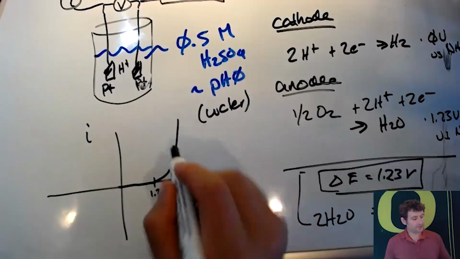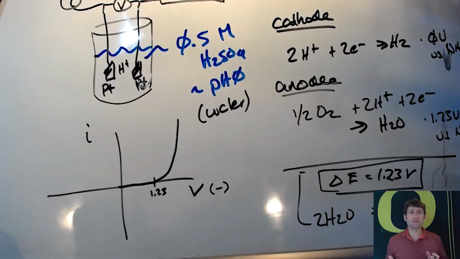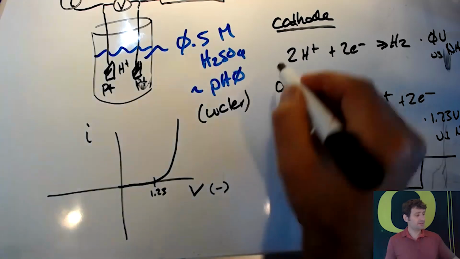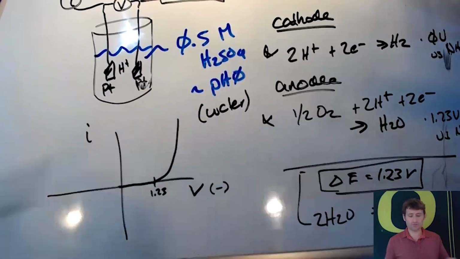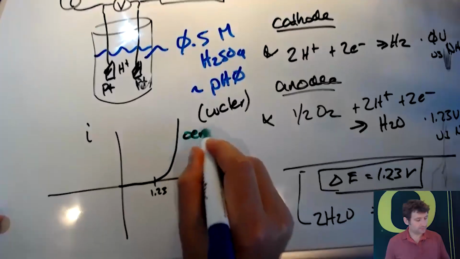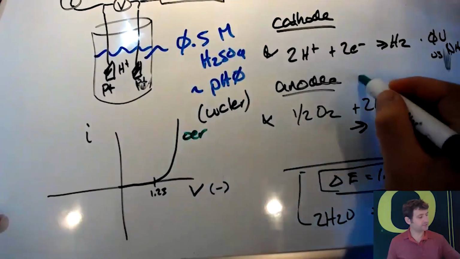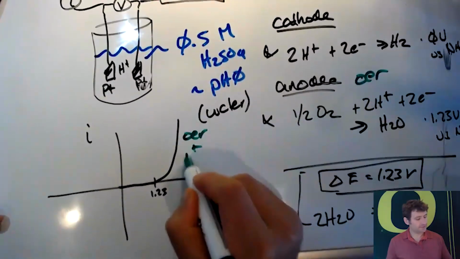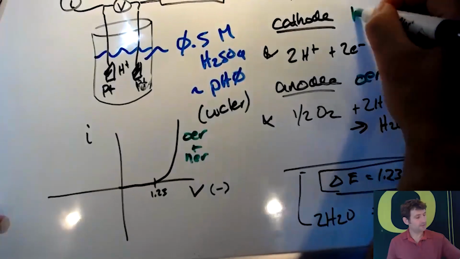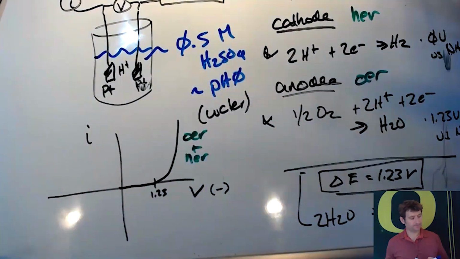And when this current passes, what processes are happening, right? Well, you have to drive a process at the anode, you have to drive a process at the cathode. So, in fact, both these reactions we just drew are happening. So we're doing OER, oxygen evolution reaction, that's this one, plus HER, hydrogen evolution reaction. Okay, so it's doing both of them.